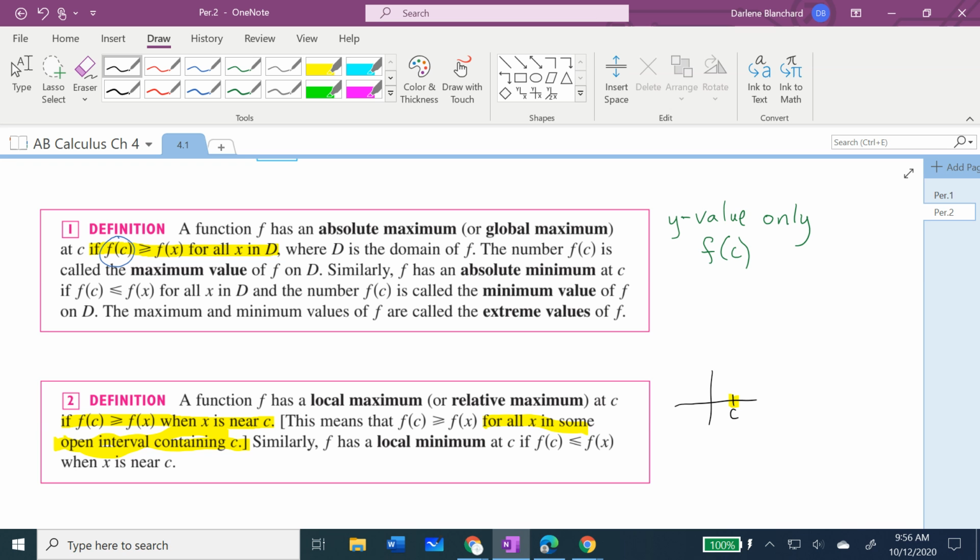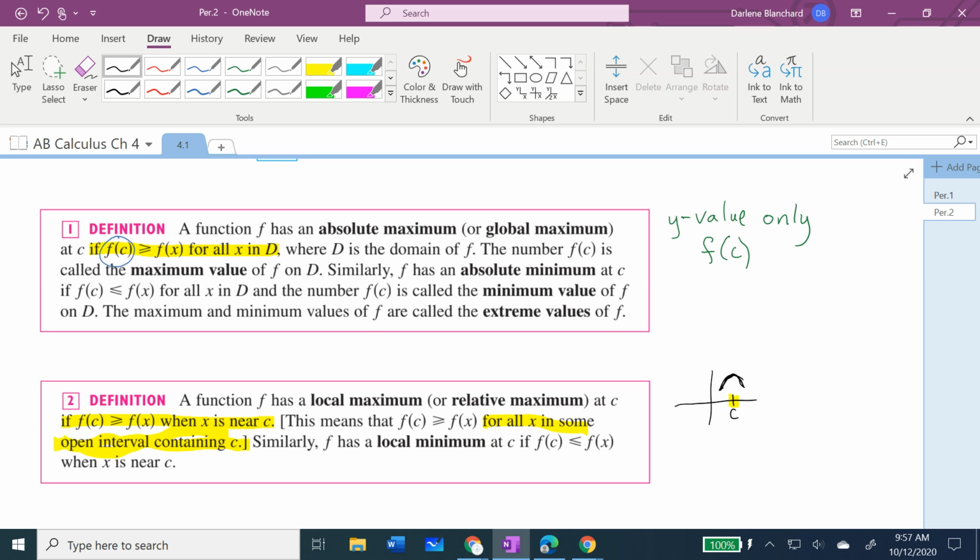They're pretty easy to spot, though. If I draw this, you can see, hey, look, it's a local maximum. Now, for the drawing that I just drew, if that's the whole graph, then there is a local maximum at x equals c, but there is also an absolute maximum there as well. So it is possible to be both.